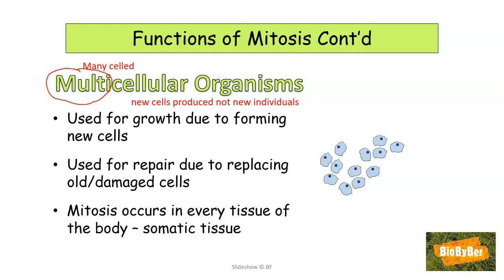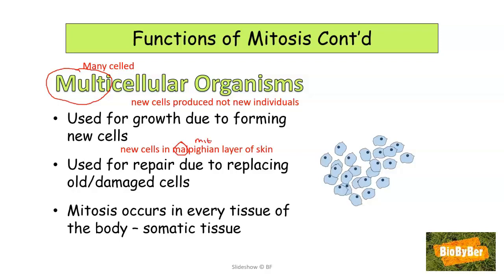This actually takes place in the Malpighian layer of the skin. You might recall the M&Ms. The Malpighian layer of the skin is where mitosis takes place, producing new cells to replace the old ones in the cornified layer.